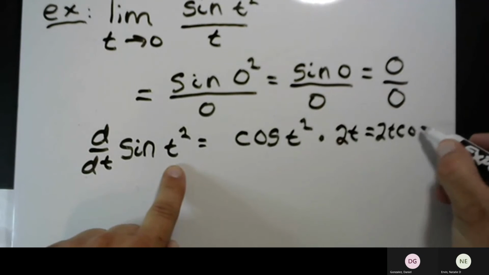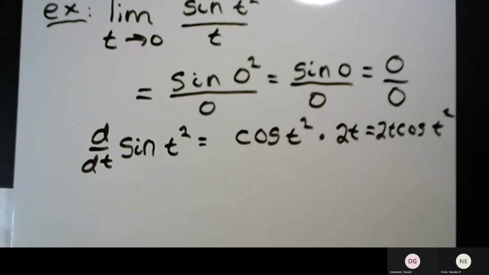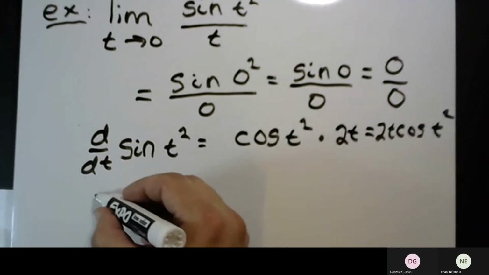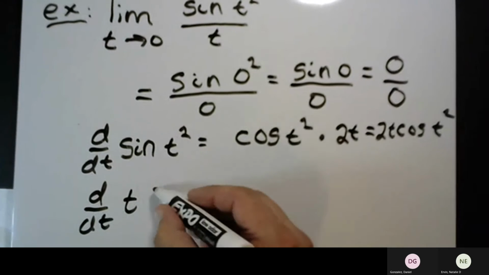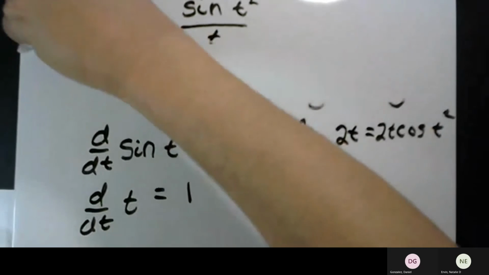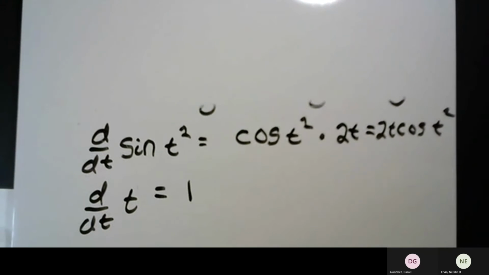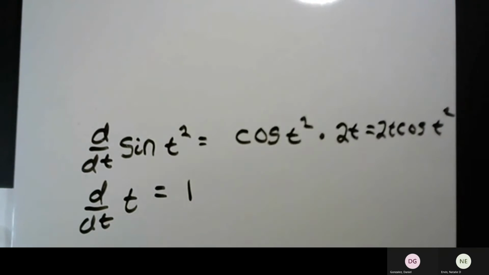So 2t cosine t squared. Then for the bottom function, that's the derivative of t, and that's equal to 1.